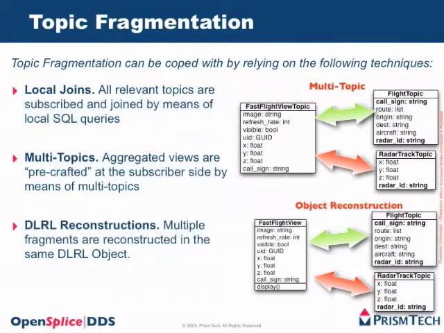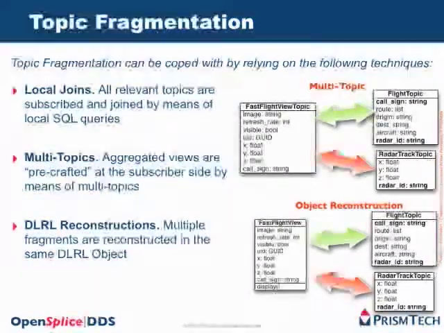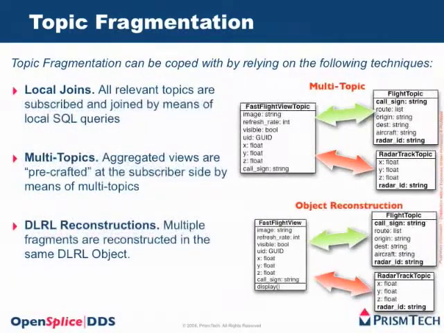But since the state management and the efficiency of the reliability protocol can be influenced by the size of a type, you always want to minimize the size of a packet that needs to be sent reliably. So splitting them makes great sense. And once again, you can locally reconstruct the state by either multi-topics or DLRL objects.